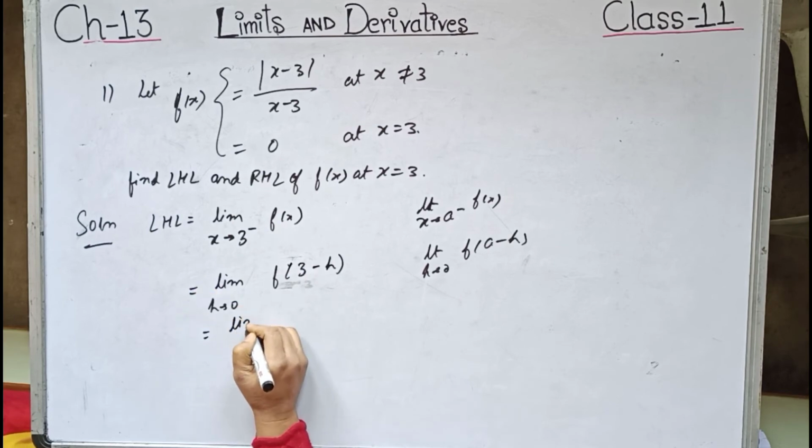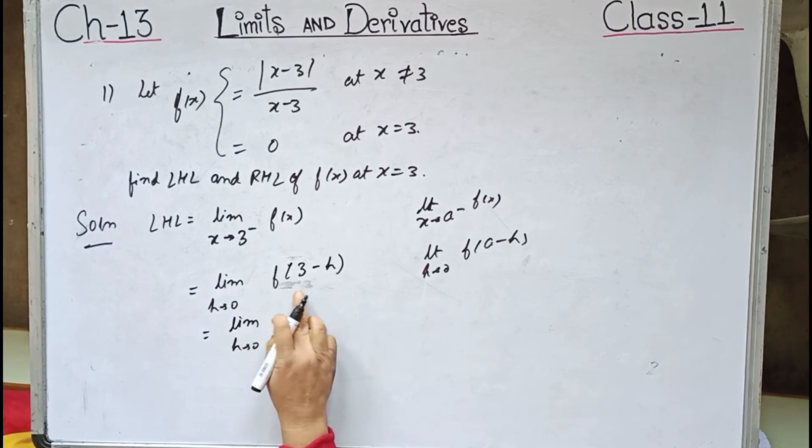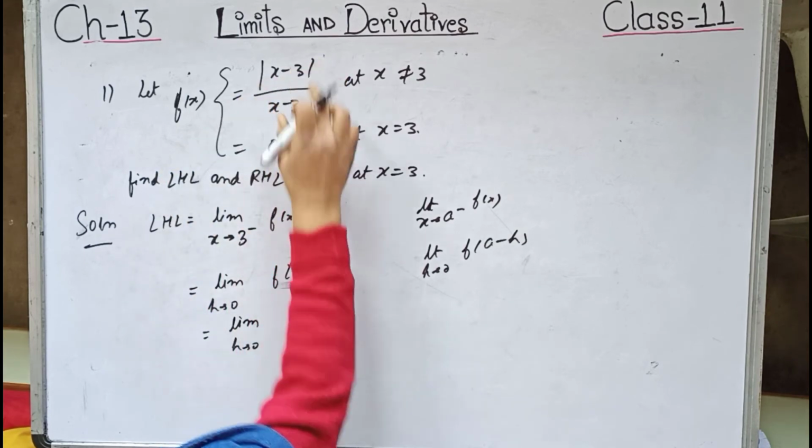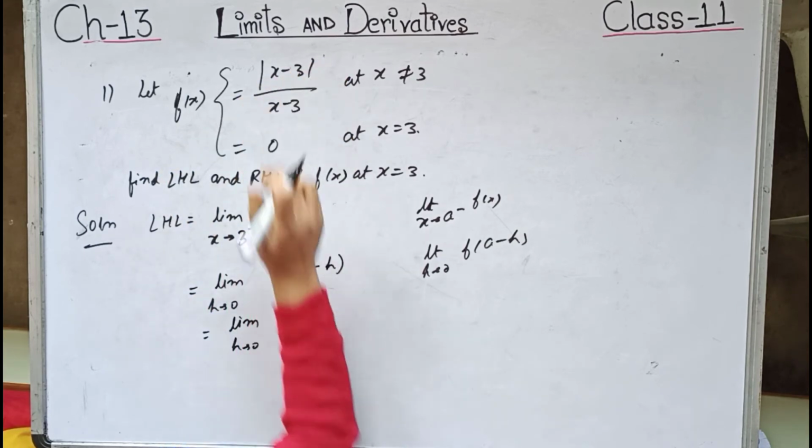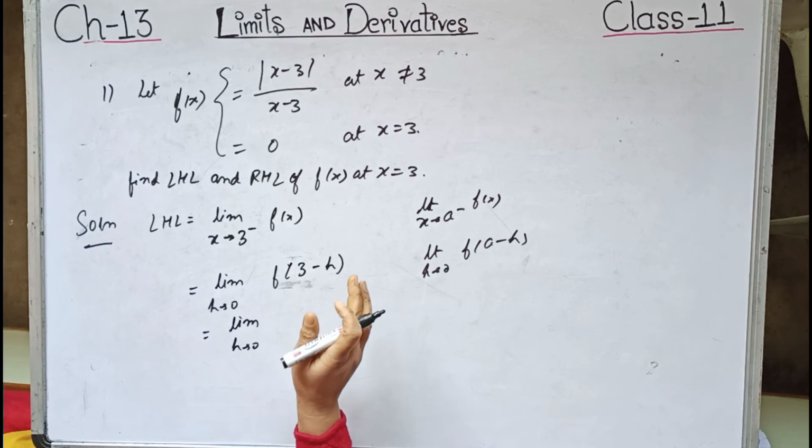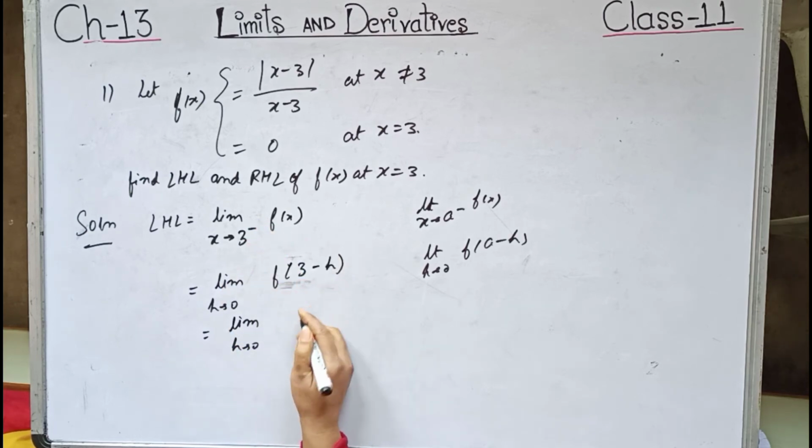So this will equal limit h tending to 0 f(3 minus h). In place of x we put 3 minus h.